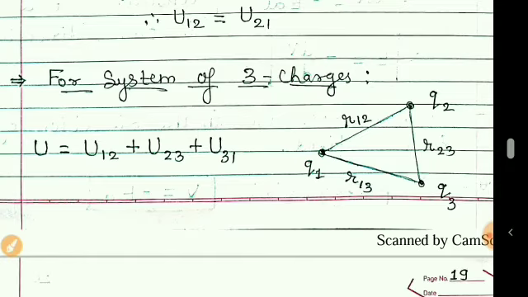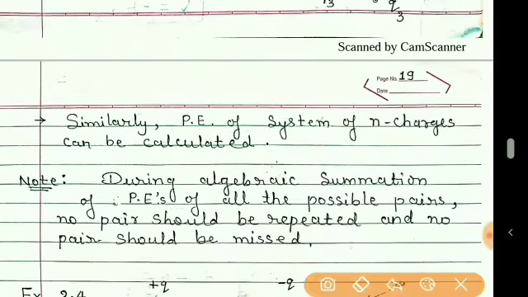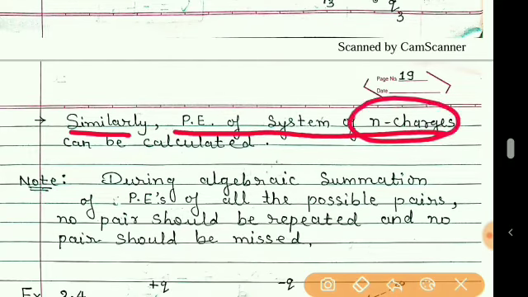Now if there is a system of more charges, here I have written similarly the potential energy of a system of n charges. Then for n charges also the method is the same. We have to consider each and every possible pair.